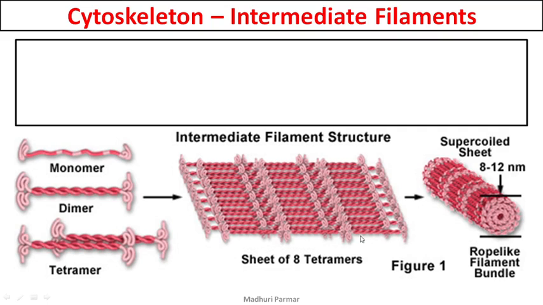And when you roll the carpet, you form this rope like filament bundle. And this bundle is very, very strong. It is supercoiled, it is very strong, and so it provides much support to the cell. Clear? Just like a carpet, these tetramers are arranged, and when you roll the carpet, you get such a filament bundle.